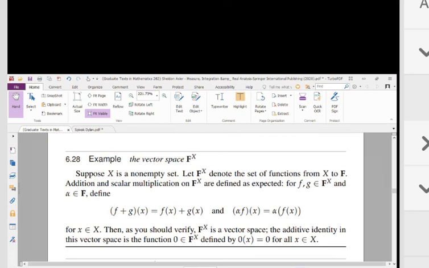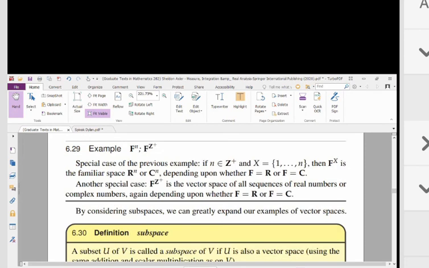In this vector space, the additive identity is the zero function, the function that maps any x to 0, and the inverse is this function.